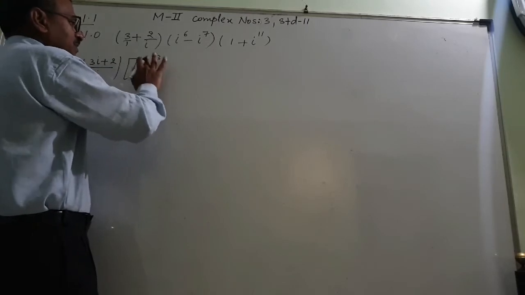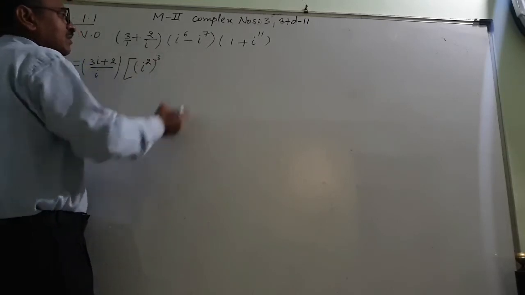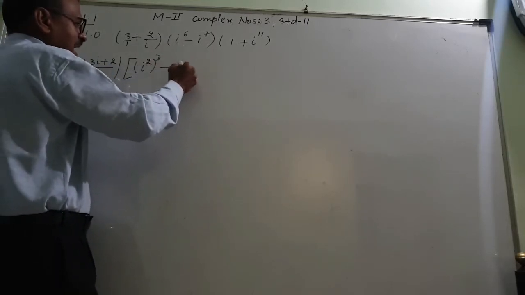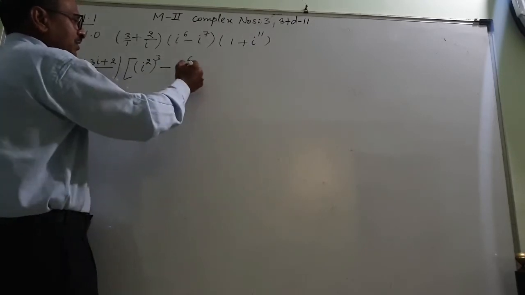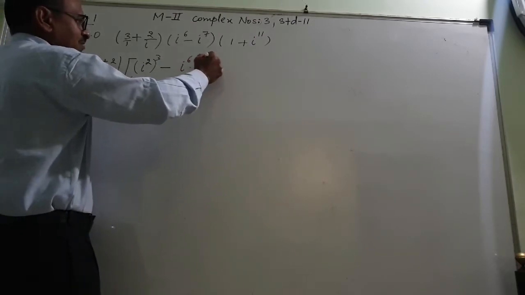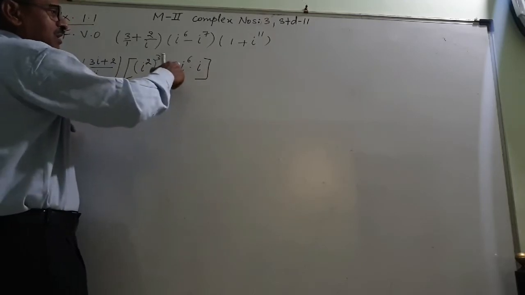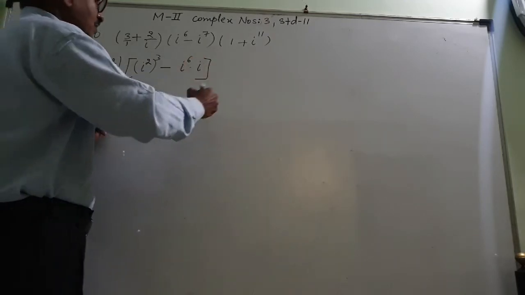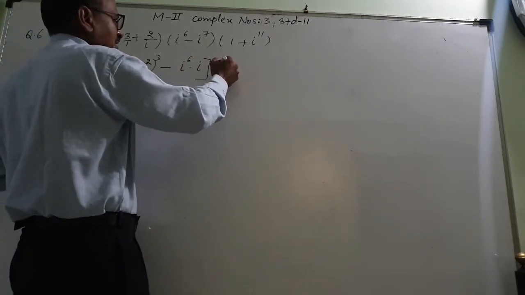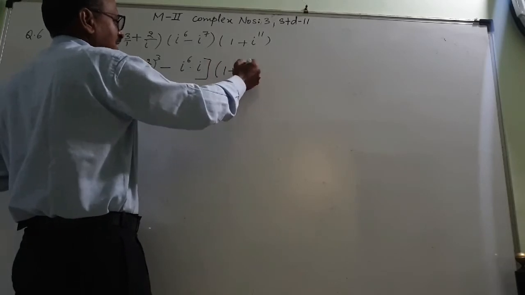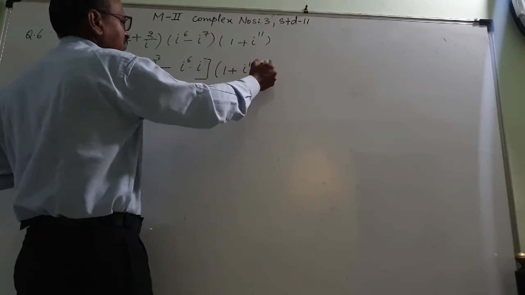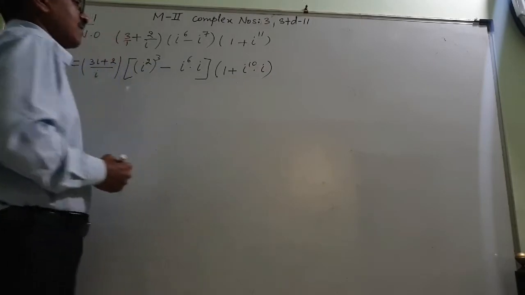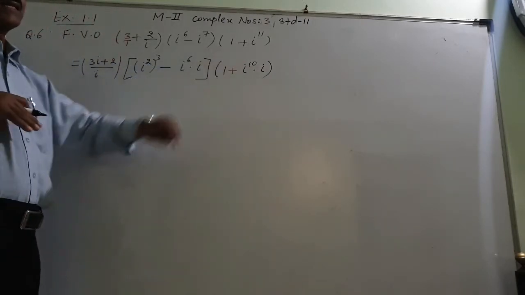Index raised to index means multiplication of the indices. Now this I will split as i raised to 6 into i. This way I will split this, i raised to 6 into i raised to 1. This again I will write as (1 + i raised to 10 into i). Why? i square I can write, that's why.